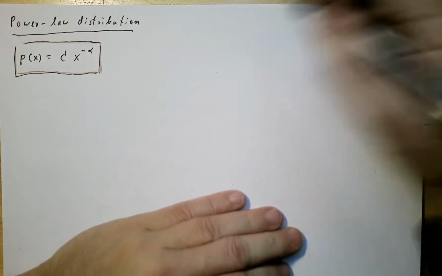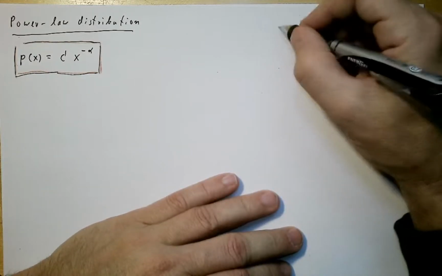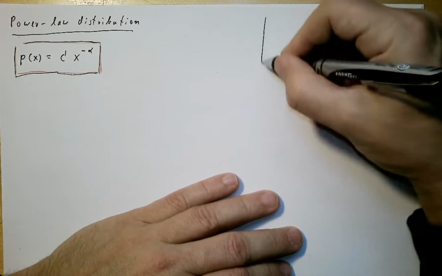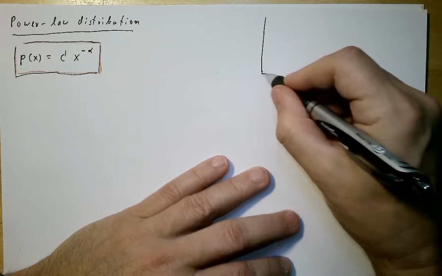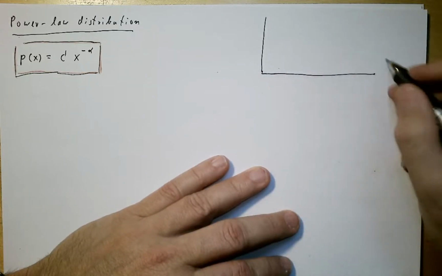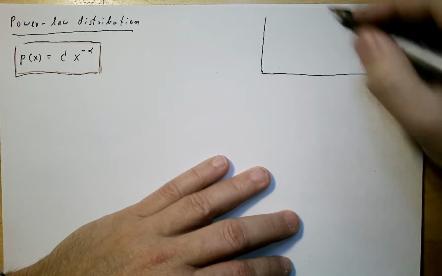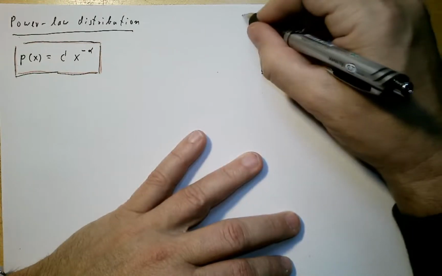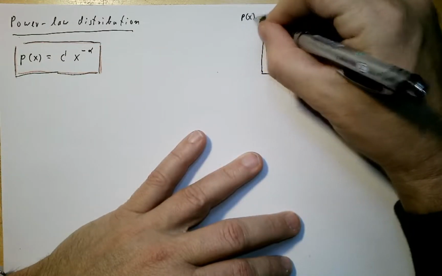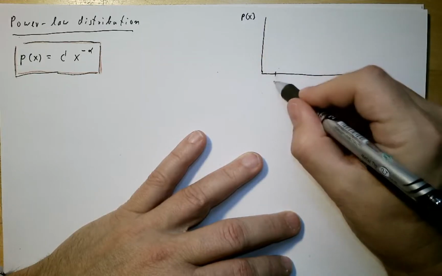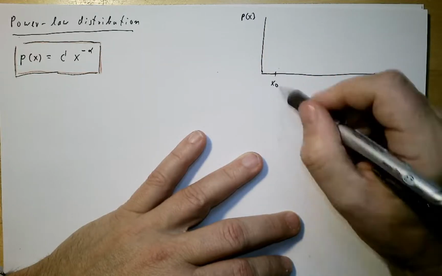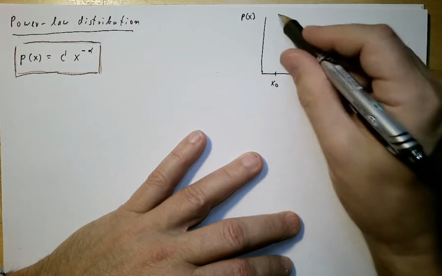First let's plot the distribution. I did this already in the last video, but this is so important we cannot repeat it often enough. We have here our p of x. Then we need our minimal value x0, our cutoff value.